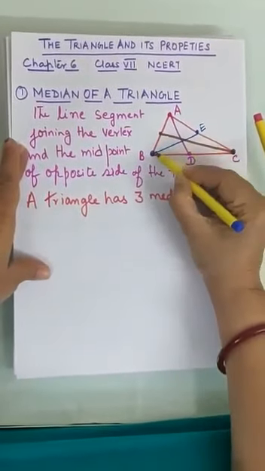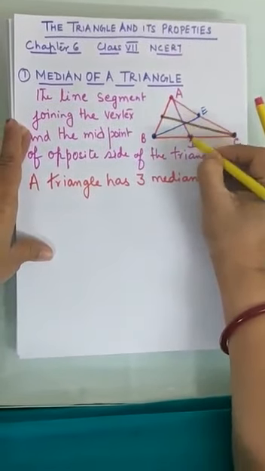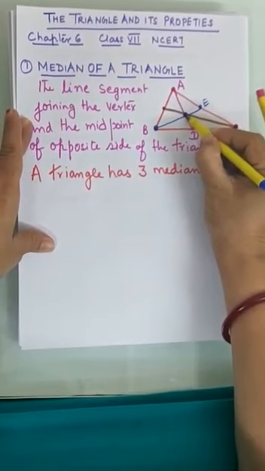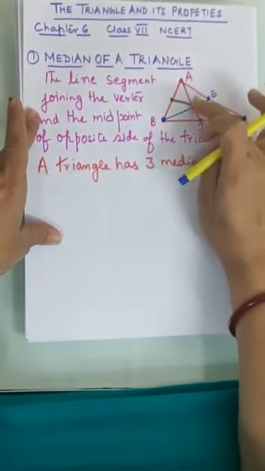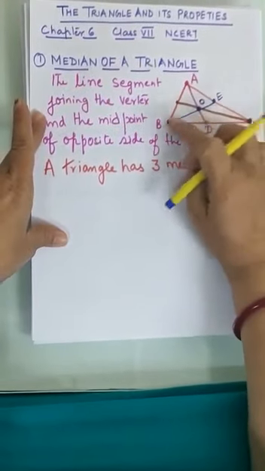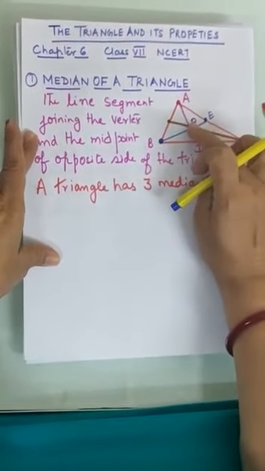Now we see that these three medians intersect at this point. Let this point be O. So this point of intersection of these three medians is called the centroid.